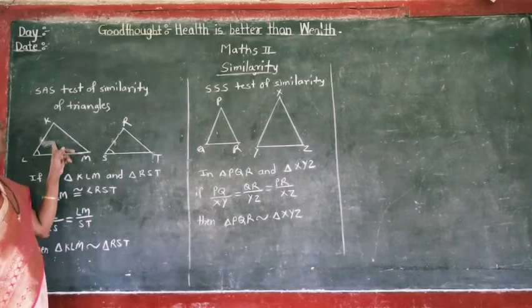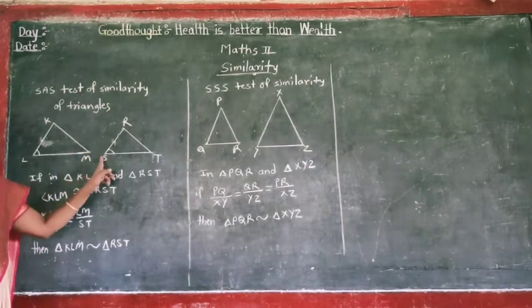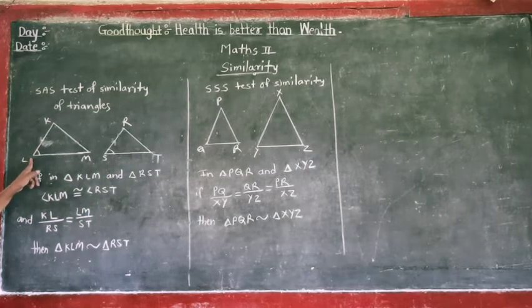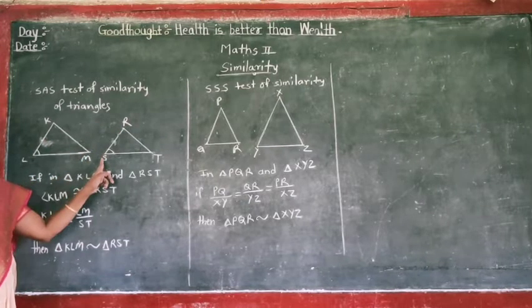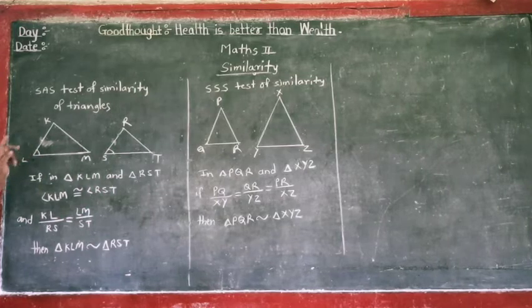See in this figure, here is triangle KLM and here is triangle RST. Side KL of triangle KLM and side RS of triangle RST are corresponding sides, so their ratio is KL upon RS.